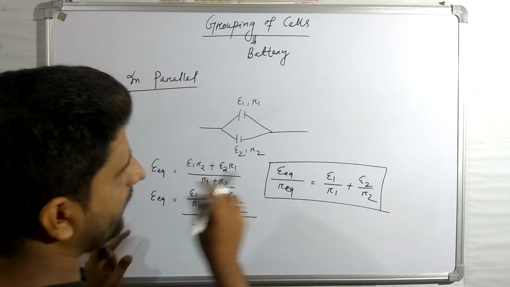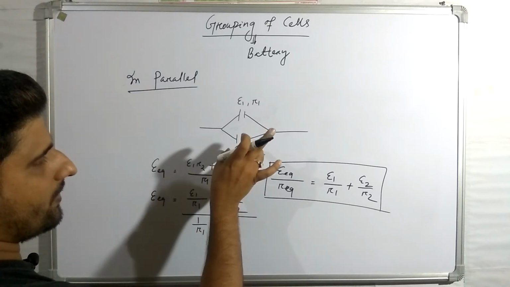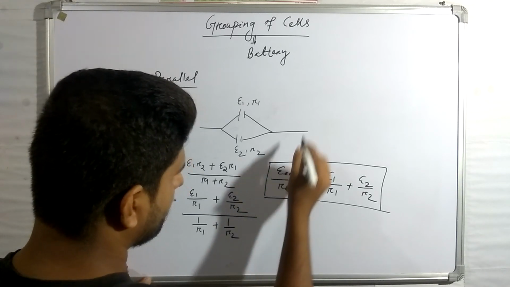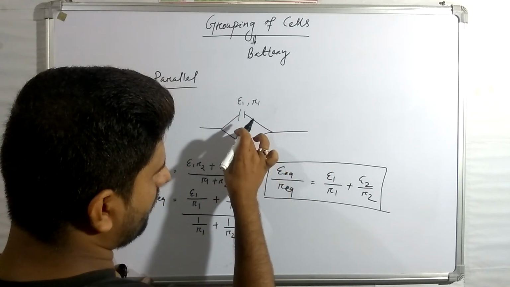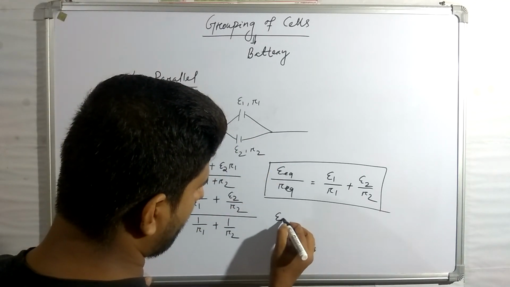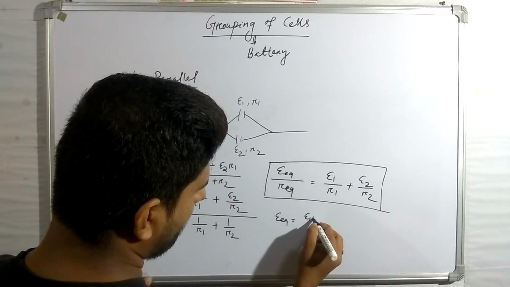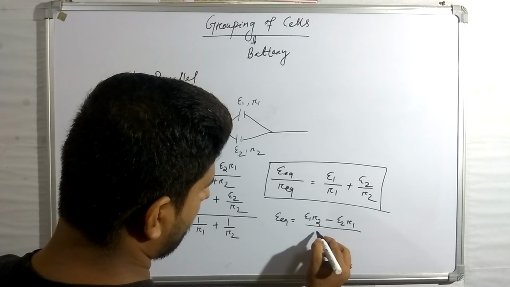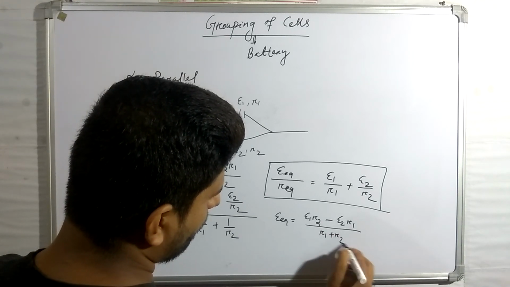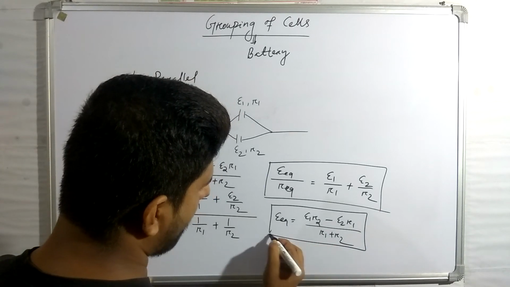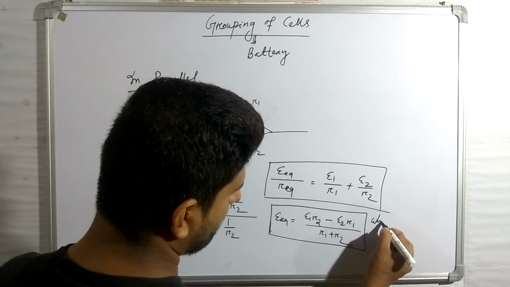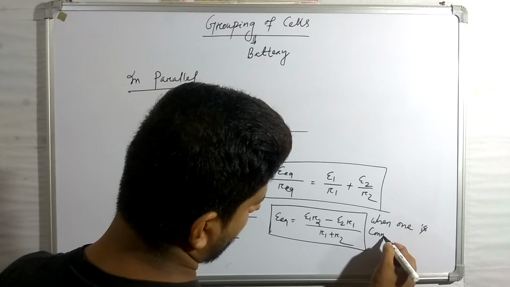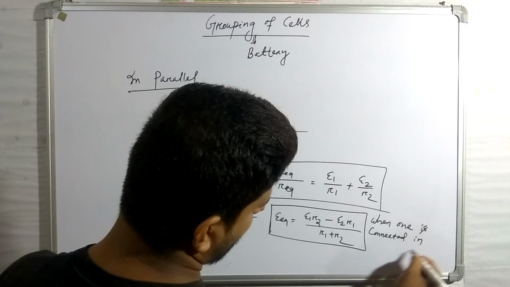And if this parallel connection is in reverse, that is, one cell is connected in the wrong manner, then E equivalent equals (E1 r2 minus E2 r1) divided by (r1 plus r2), when one is connected in a wrong manner.